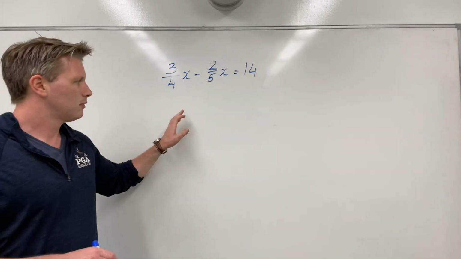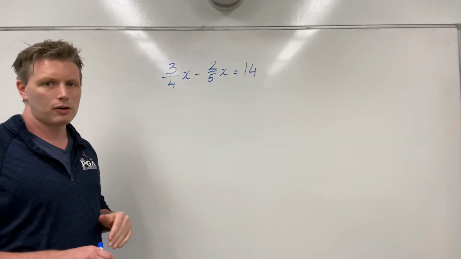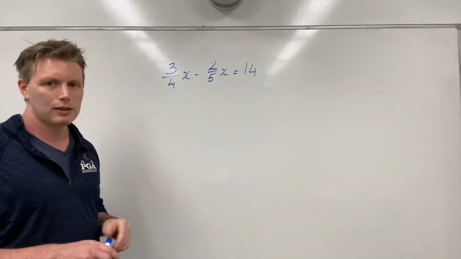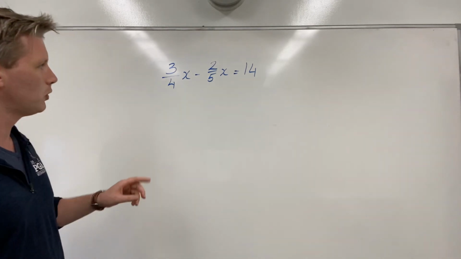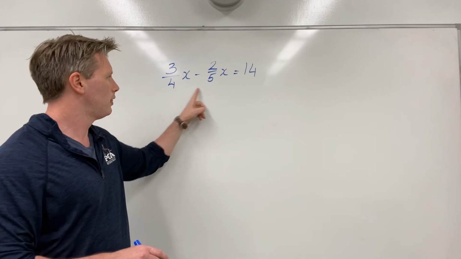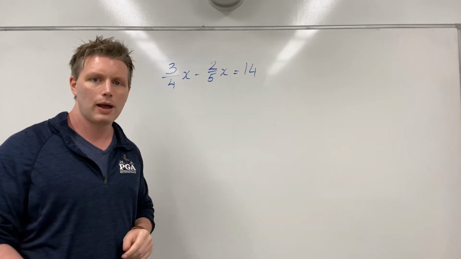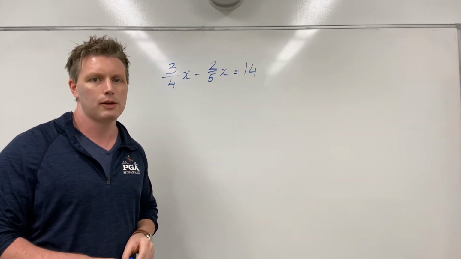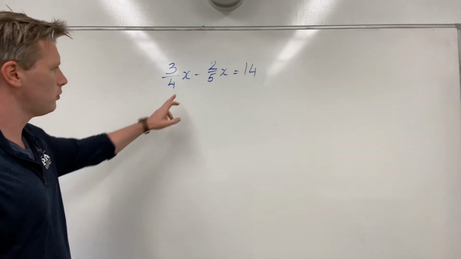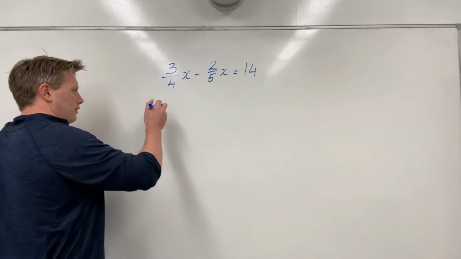Rather than write this as a fraction with 20 in the denominator, what I'm actually going to do is multiply this side of the equation by that common denominator, in this case 20. So I'm going to multiply this left-hand side by 20.